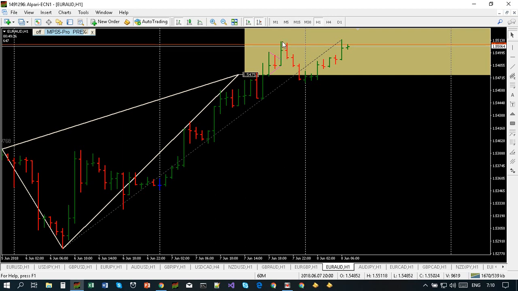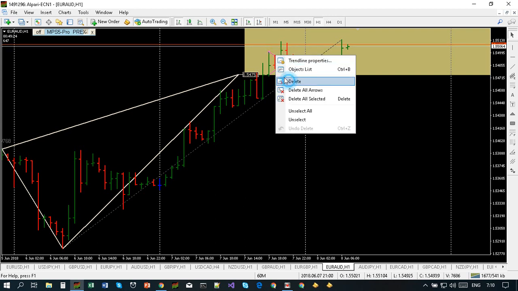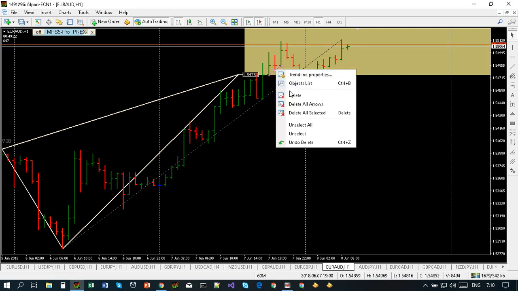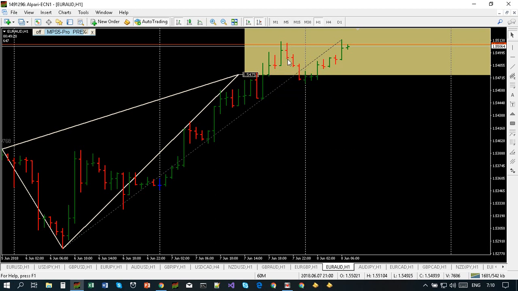Once we have a sign of continuation, this means that I am to skip the next reversal if it happens at a bad price, because previously I had a sign of continuation to the upside. That's why, having this inside bar with a powerful bearish close, I am to wait for further price action. You see that?